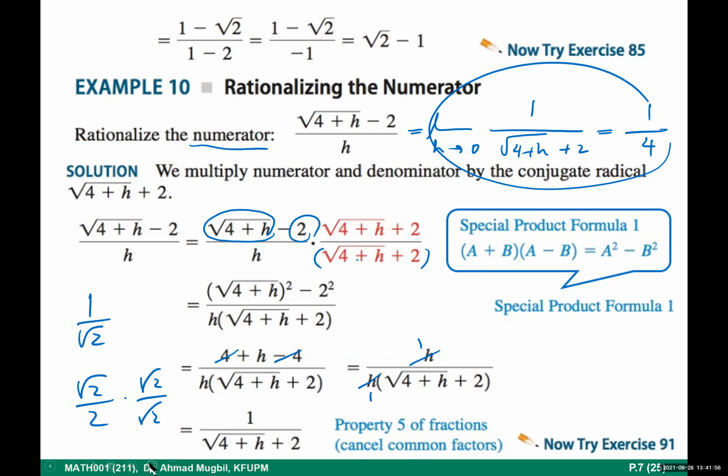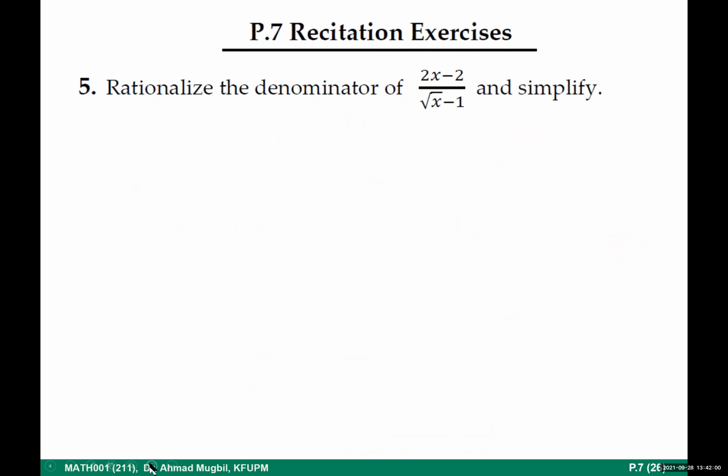Yes, in many situations you need this when you have an algebraic expression, like this one. Now rationalize here the denominator and simplify. Even if he didn't ask you to simplify by rationalizing the denominator, I think you need to rationalize it to simplify.